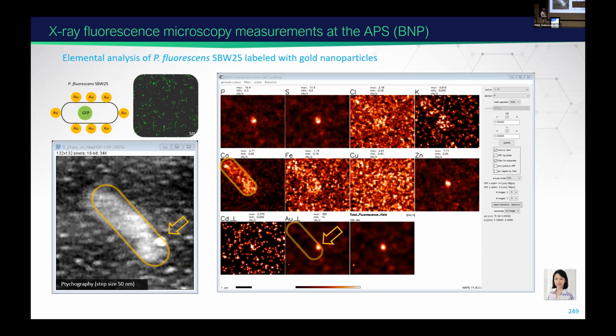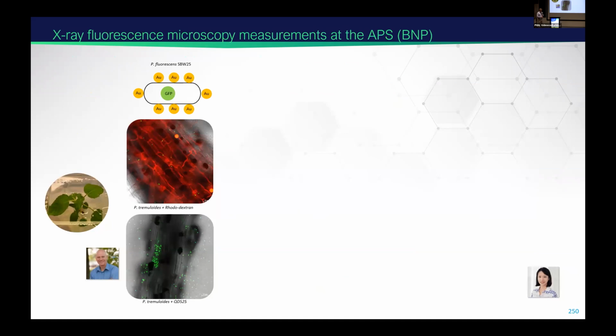There is some interference with other elements, but it is the gold label that you see.